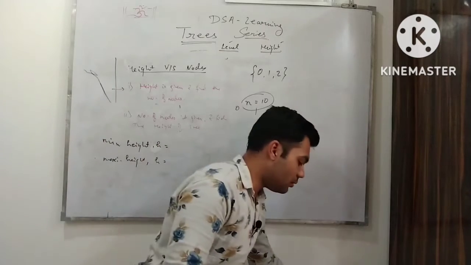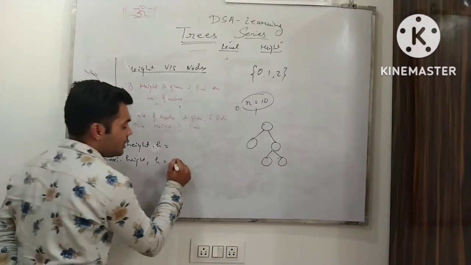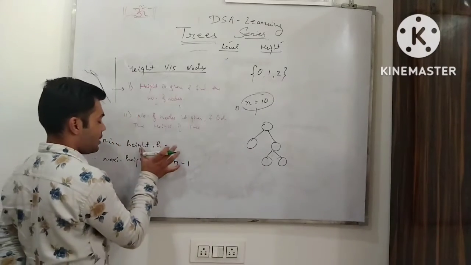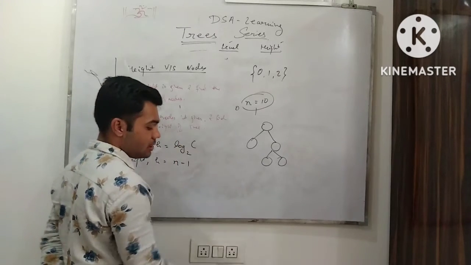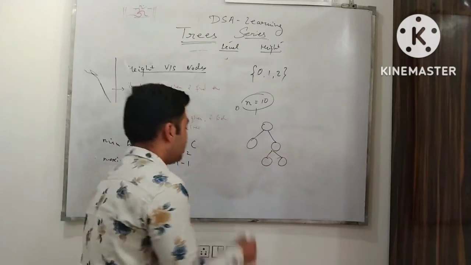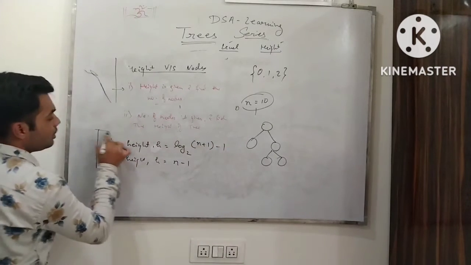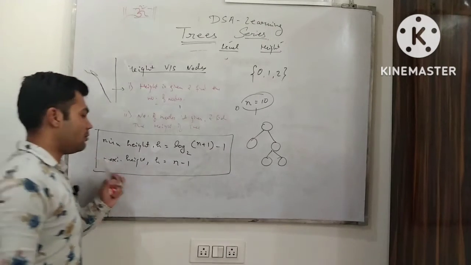So what will the formula be? For the maximum height, the formula is n minus 1. And for the minimum height, the formula will be log to the base 2 of n plus 1, minus 1. This will be the formula for the minimum height and the maximum height.